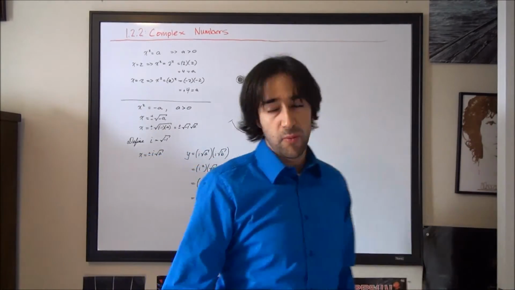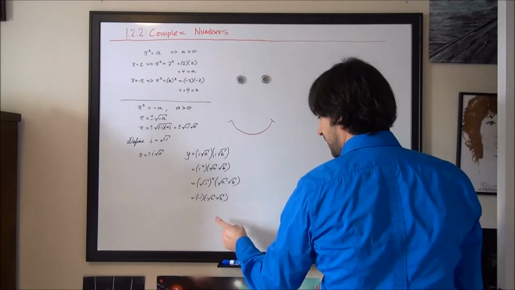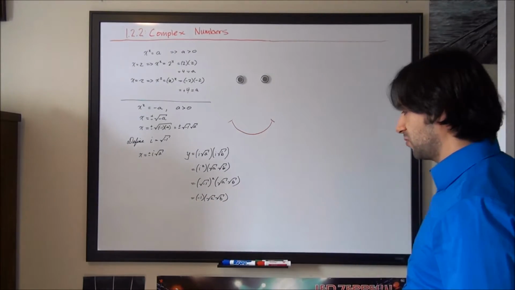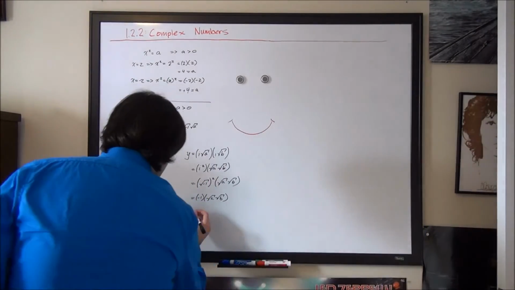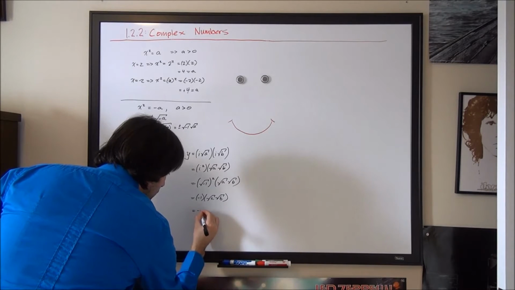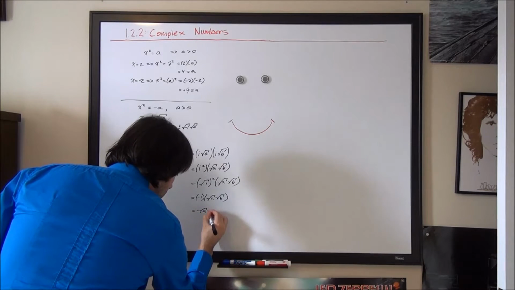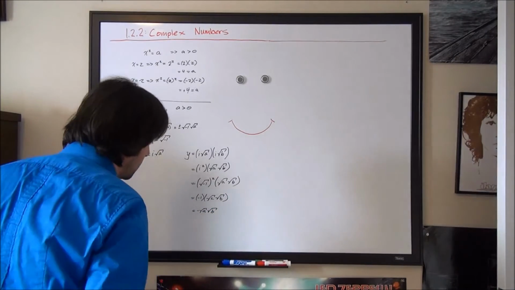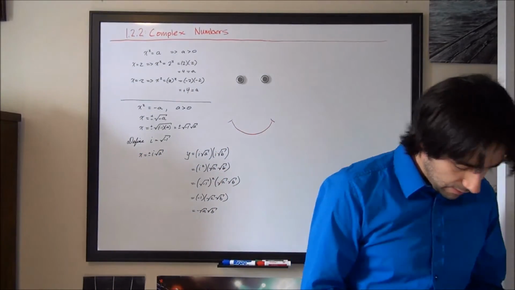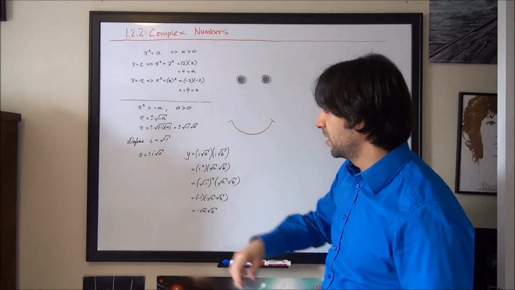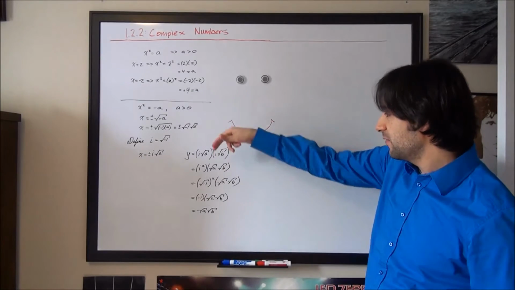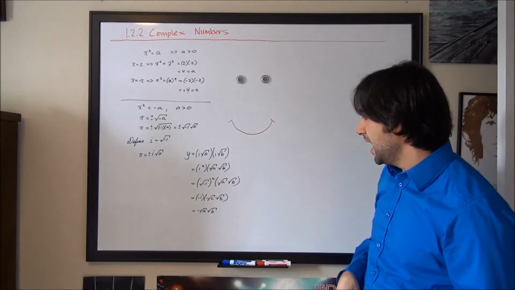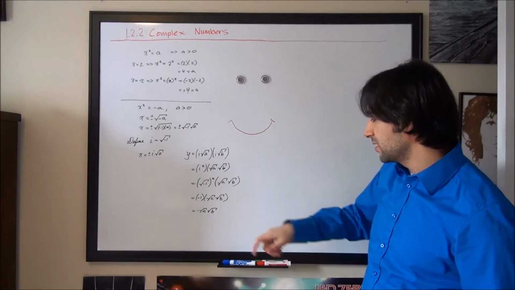So I wind up with negative 1 times the square root of a times the square root of b, which of course is just going to equal minus root a root b. So this is why complex numbers can still be useful, because you can have two complex numbers and you can do math with them and result in a real number.